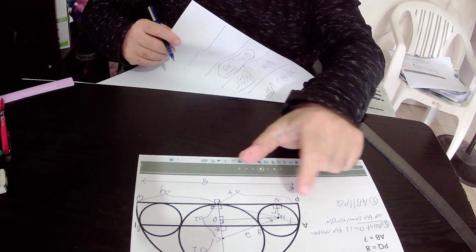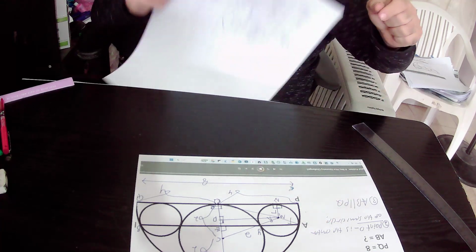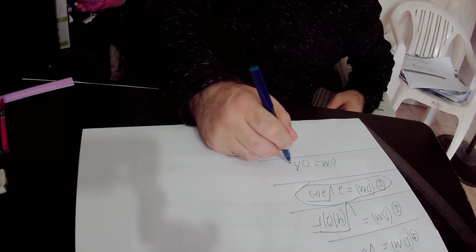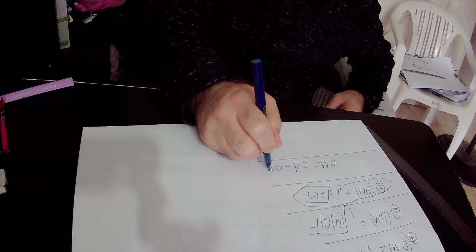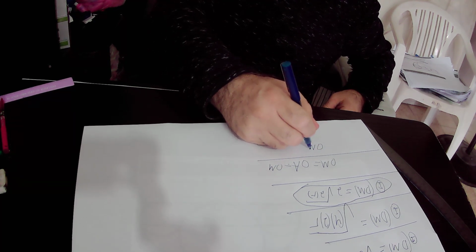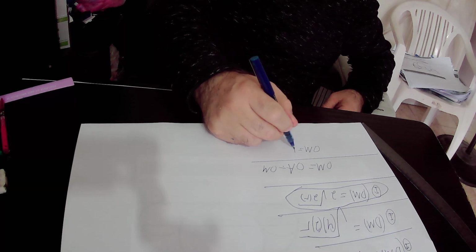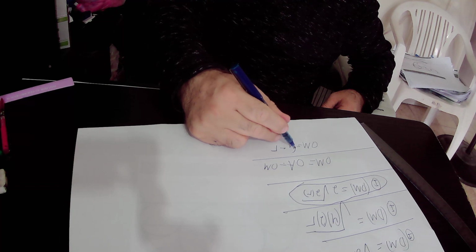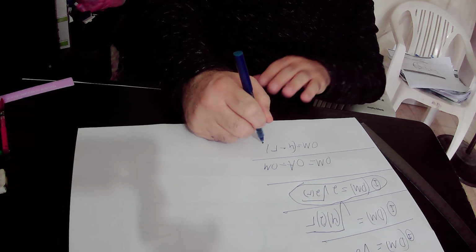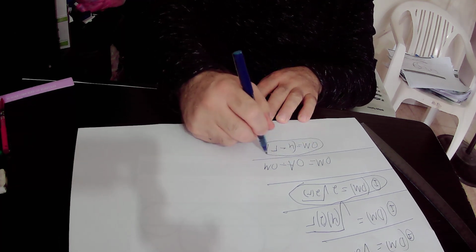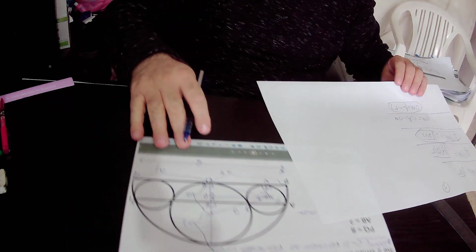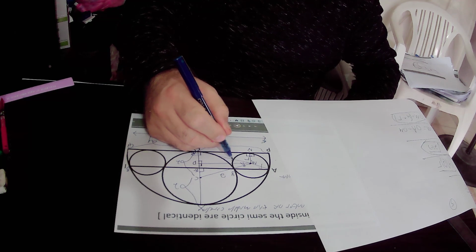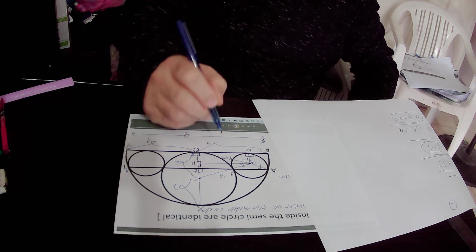So OM equals OA, that is 4 units, minus AM, that is the radius of the small circle. So in total, we found out that OM equals 4 minus r. We can write here that OM equals 4 minus r.